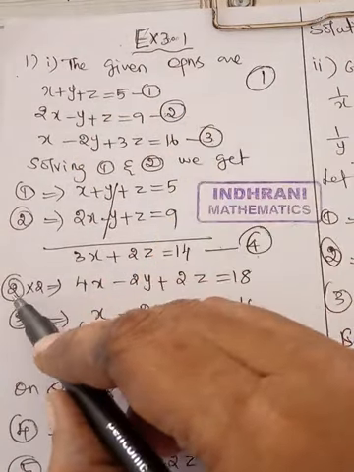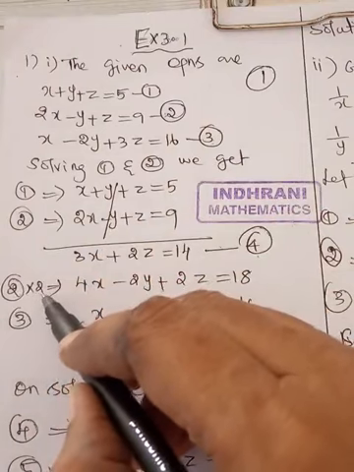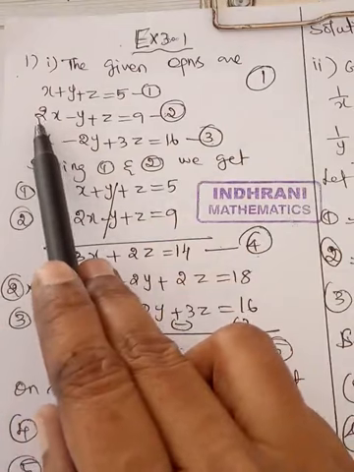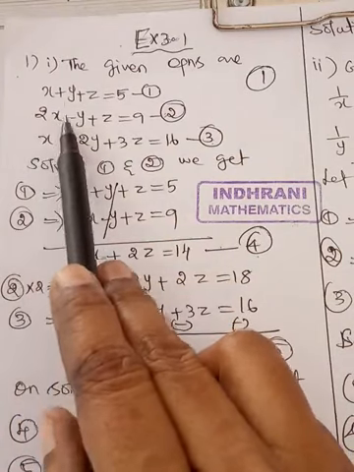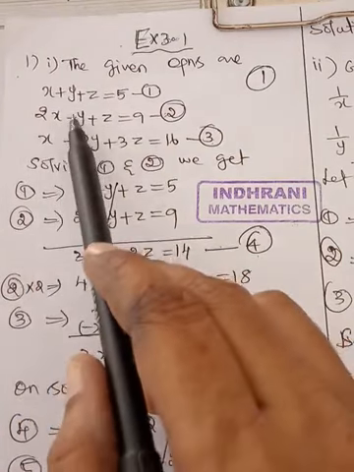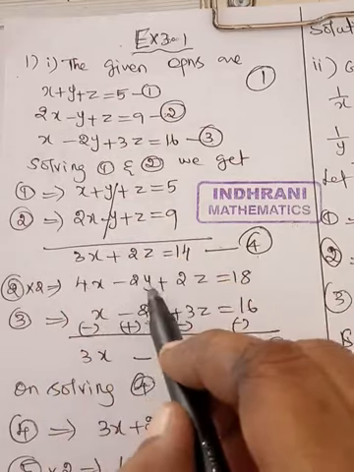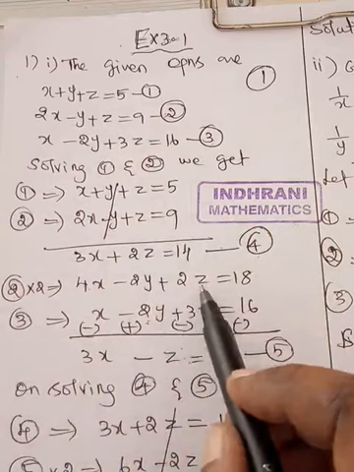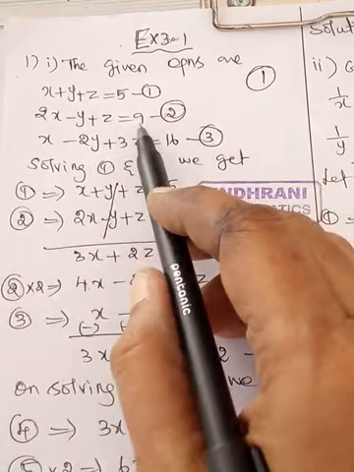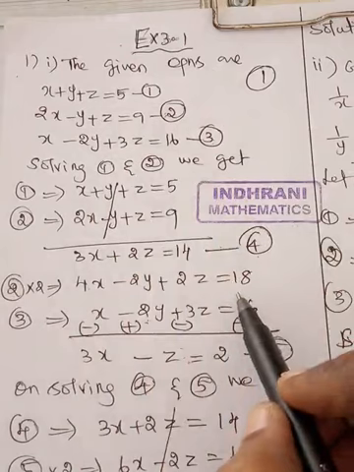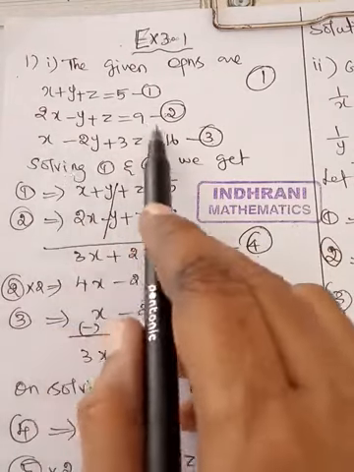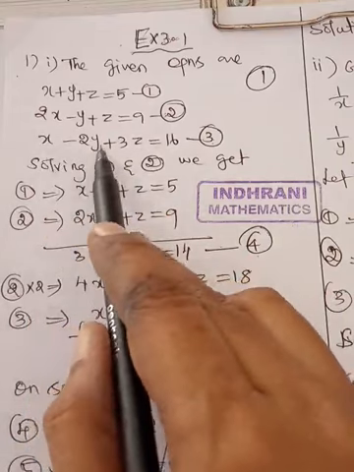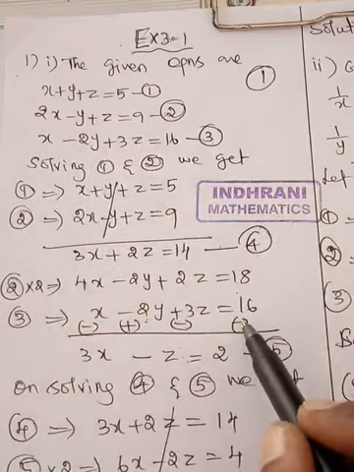Multiplying equation number 2 by 2 implies 2 into 2x, 4x, minus 2 into y, minus 2y, plus 2 into z, 2z, equal to 9 into 2, 18. Third equation I am writing as it is. Equation number 3 implies x minus 2y plus 3z equal to 16.